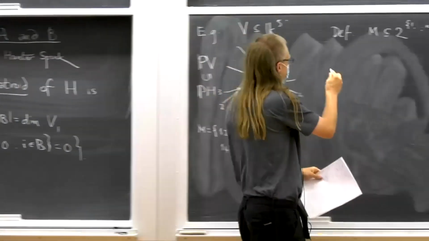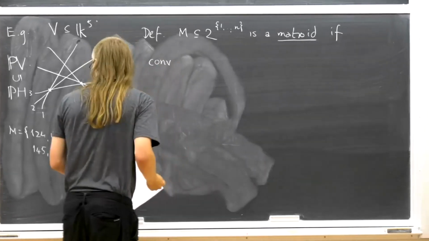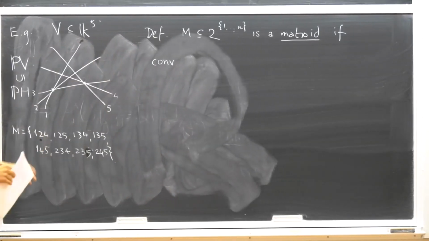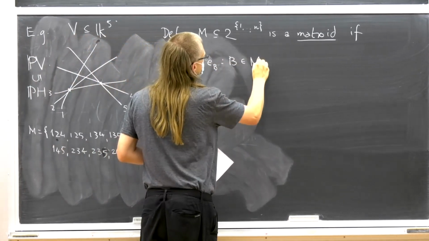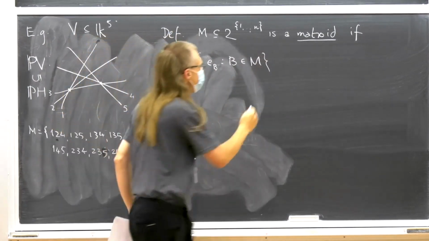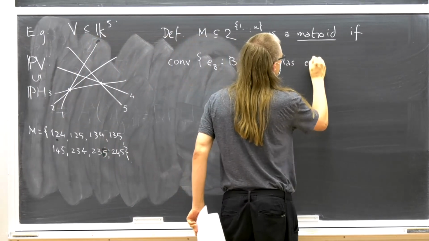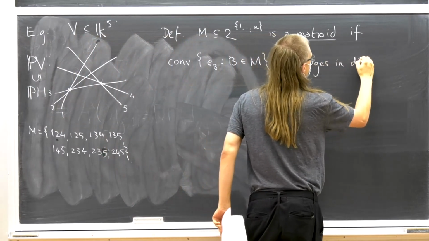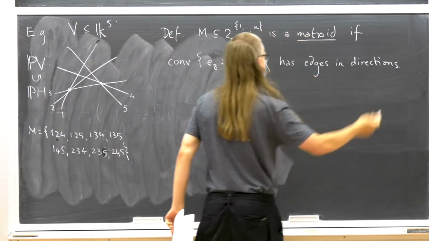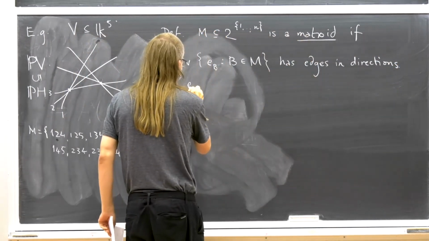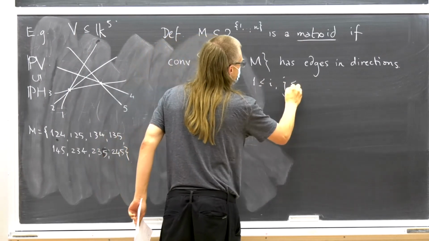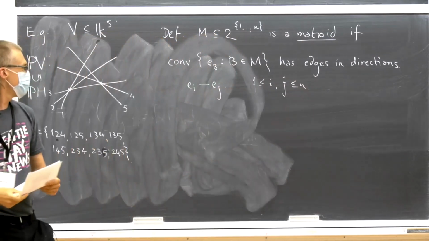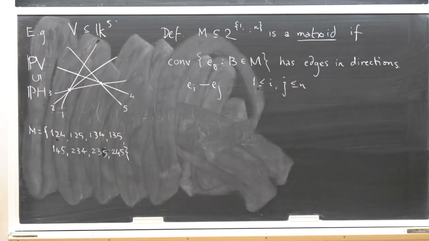You take the convex hull of the 0, 1 indicator vectors of your bases. So that's my 0, 1 indicator vector. And you look at the edge directions of this polytope. I want the edges to be in directions e_i minus e_j for some i and j between 1 and n. There's your type A root system. That is why this is the type A part of the talk.